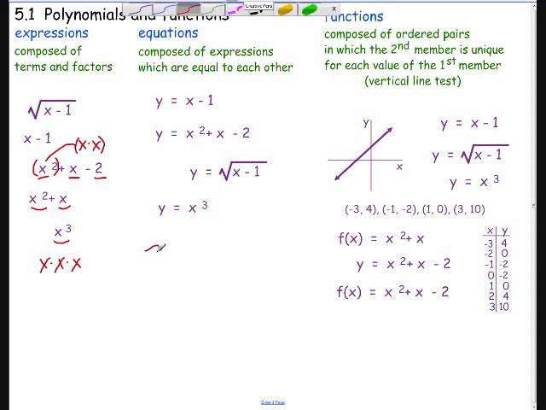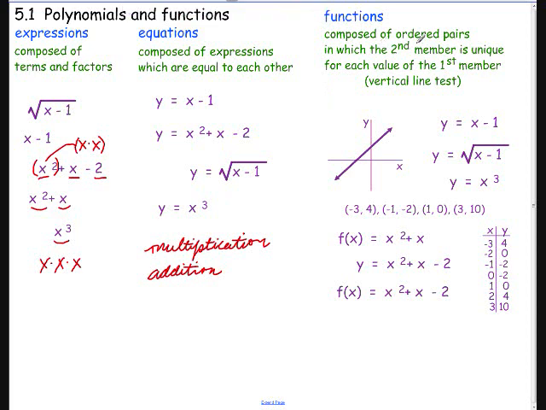The multiplication property of equality, where as long as you multiply both sides by the same number, it stays equal. What's the other one? The addition property. As long as you add the same value to both sides, you're okay.